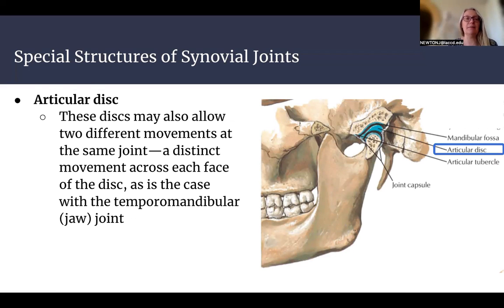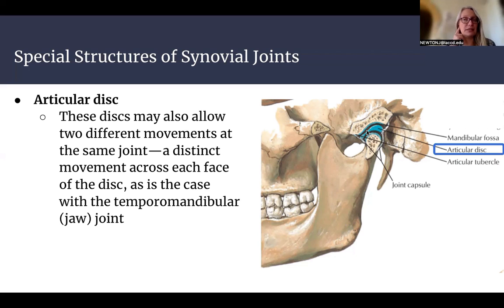These discs may also allow two different movements to occur at the same joint, by allowing one bone in the joint to glide through the joint. And that is something we see in the temporomandibular joint.